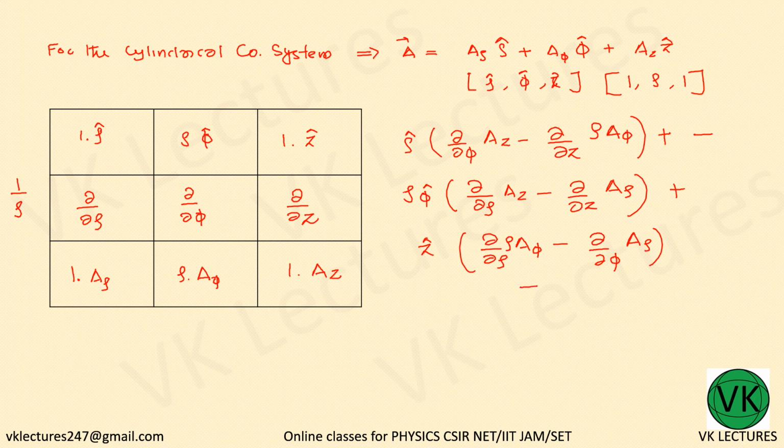So this is the curl of a vector. So this is del cross A in the cylindrical coordinate system. This entire thing you have to multiply by 1 by rho.